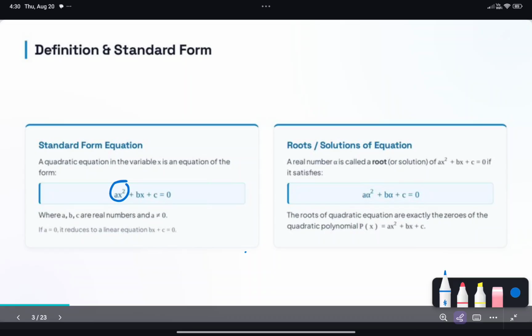Here the function is in x, so we wrote x in the bracket. P of x is equal to ax square plus bx plus c. Do you have any doubt in these two? Clear?